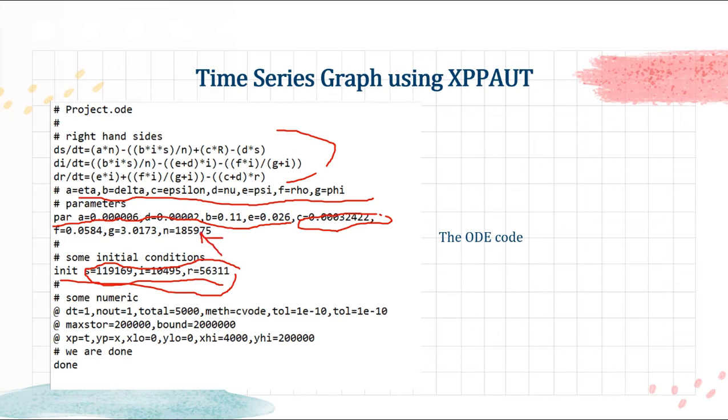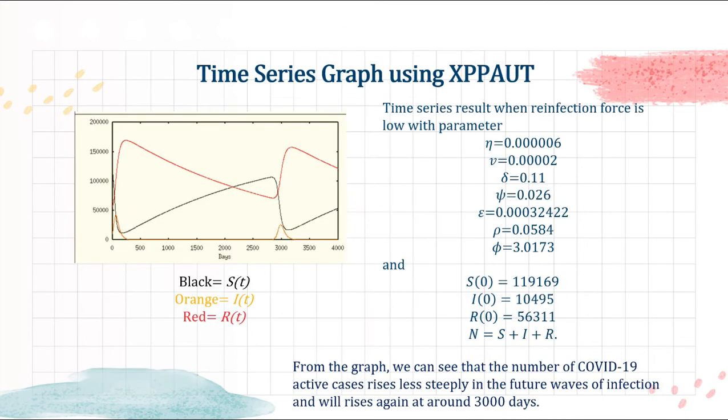And this is our code. One thing to mention is the bound here. This bound must be greater than our n value here, because if not, the SPP cannot draw the graph. And this is our graph from SPP.